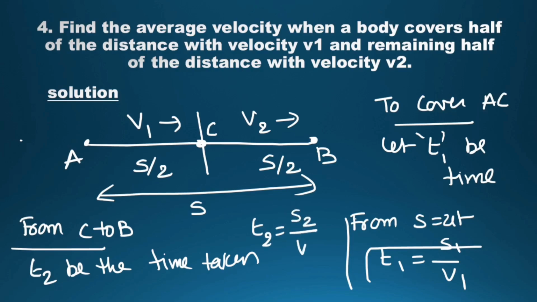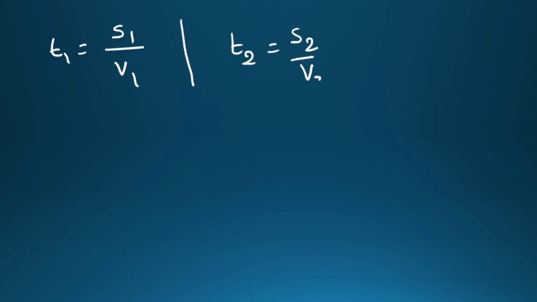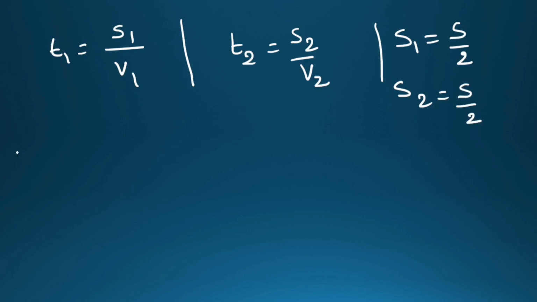Let it be S2 with the velocity V2. Now we have got T1 equals S1 by V1 and T2 equals S2 by V2. We know S1 equals S by 2 and S2 equals S by 2. Right.